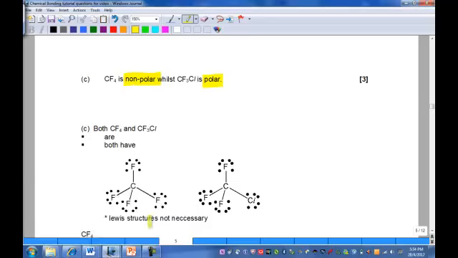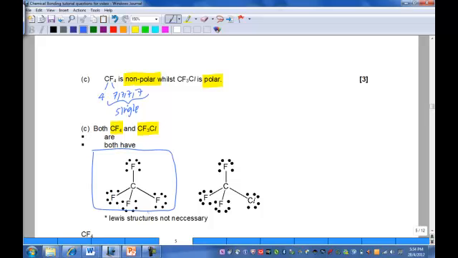For question 8c, you notice CF4 and CF3Cl. Let's do the shape first. The shape is easy to draw, because C will be 4, fluorine will be 7, 7, 7, 7, which means they are single bonds. That means you should come up with this diagram. You don't need to draw the diagram in your answer, but for the sake of understanding, I have drawn it here.